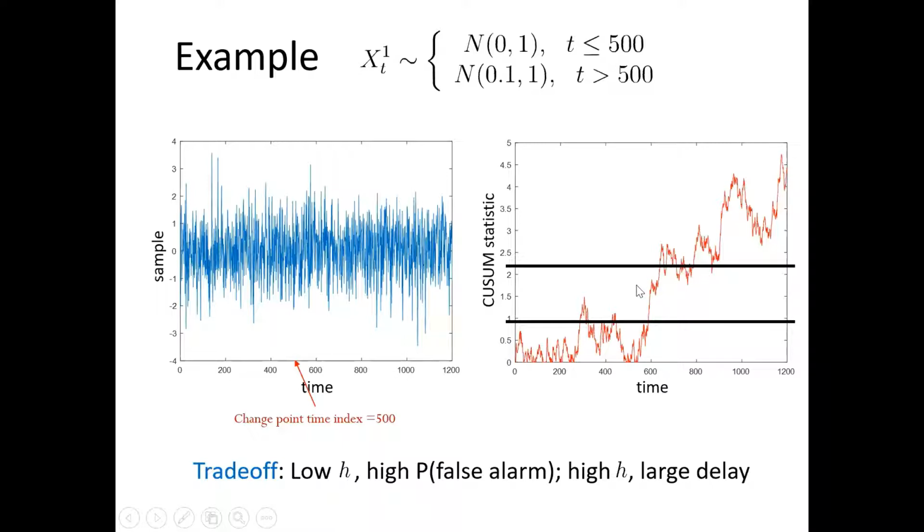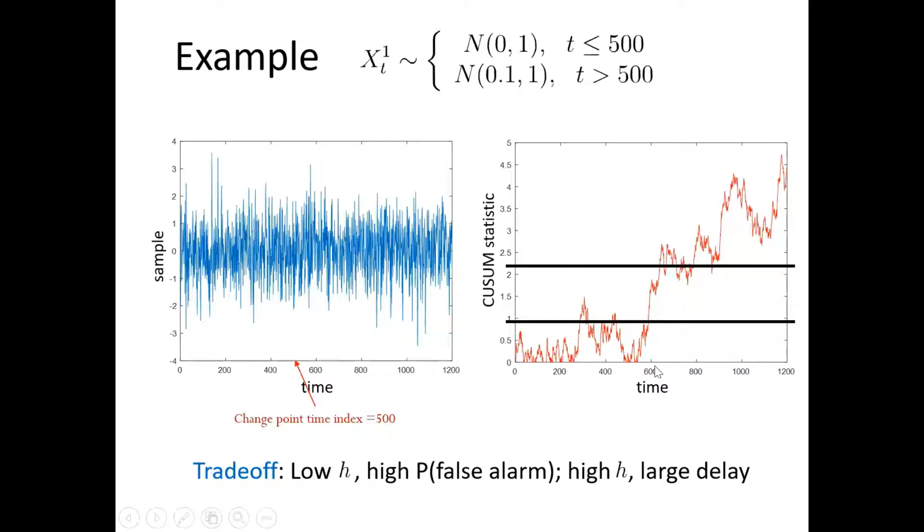You can see that there's a trade-off between the two metrics. If we set the threshold to be small, that means it is more likely to have a false alarm, like here. And if I set the threshold to be large, then that means my delay might be large.